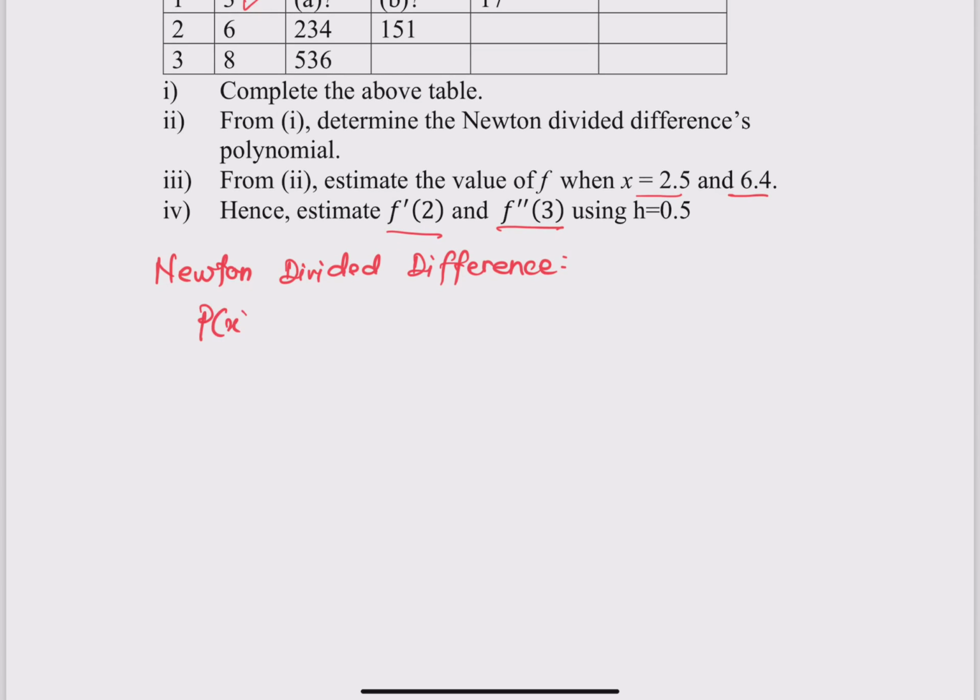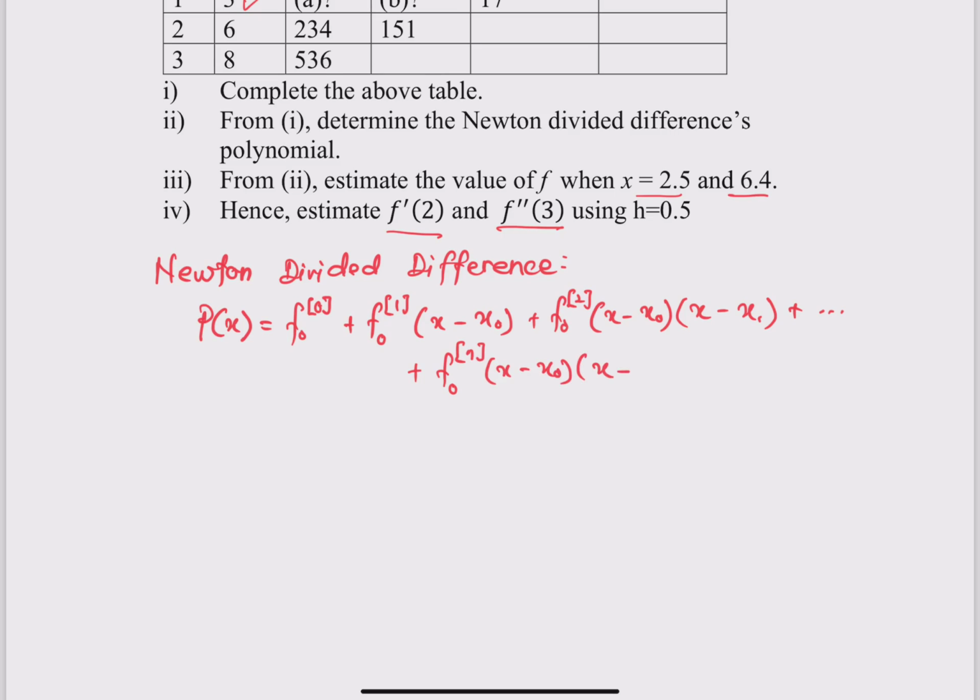P(x), this is the polynomial that we want to get, is f[x0] plus f[x0,x1](x minus x0) plus f[x0,x1,x2](x minus x0)(x minus x1) plus and so on, and last plus f[x0,...,xn](x minus x0) multiplied by (x minus x1) and so on multiplied by (x minus x(n-1)).